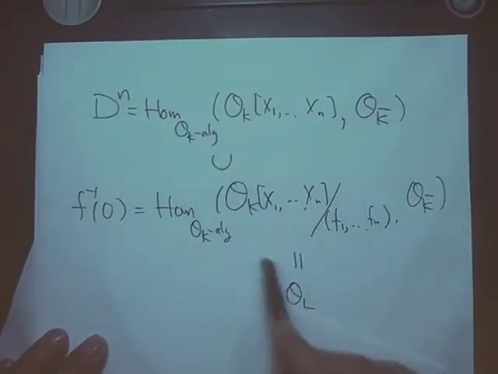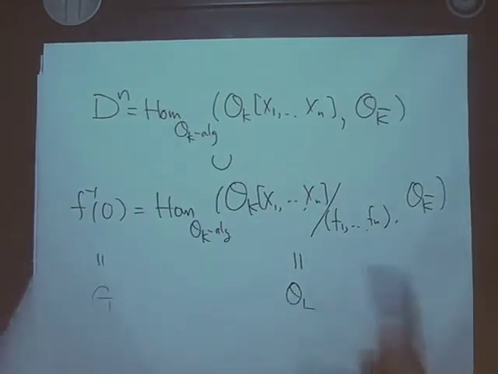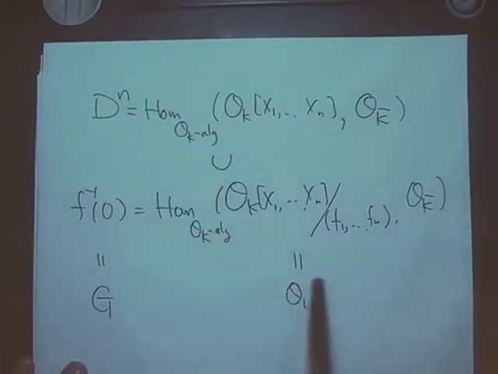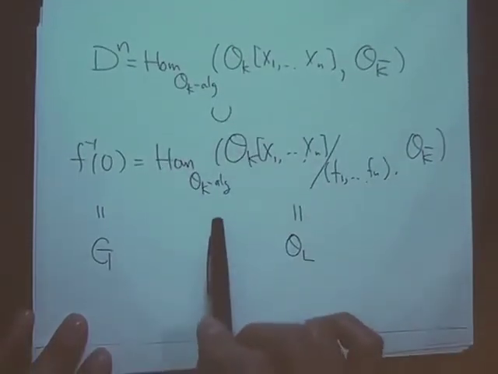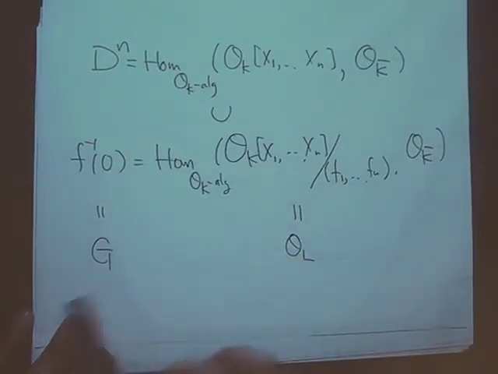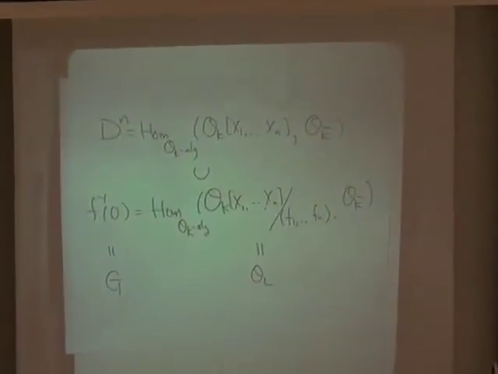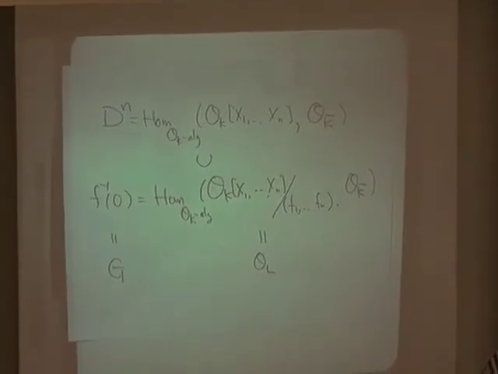So this is where we started yesterday. Now we see that this is a set of homomorphisms of O_K-algebras from O_L to O_K bar, and we can identify it with the Galois group. Okay. So now we have obtained a schematic interpretation of the diagram we have seen yesterday.